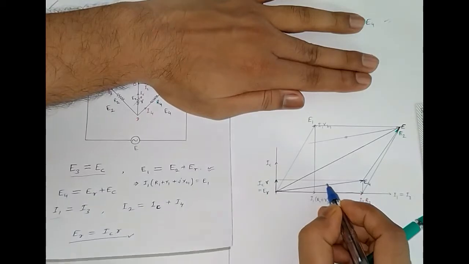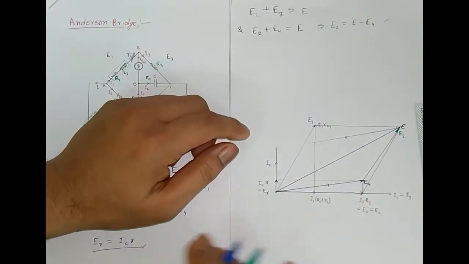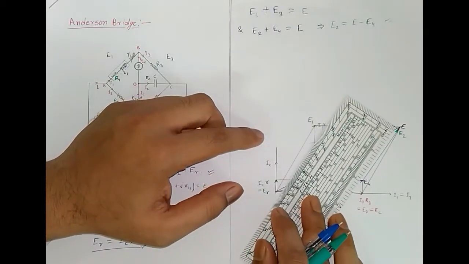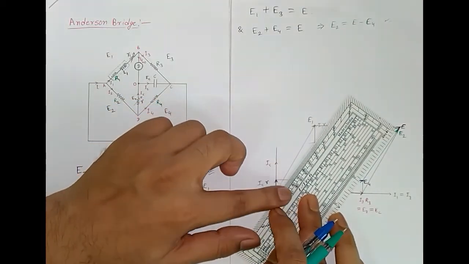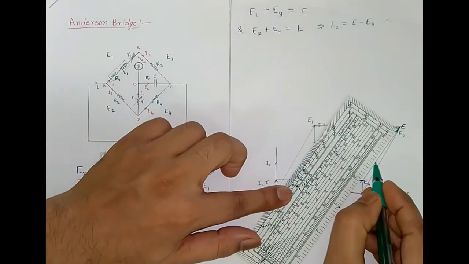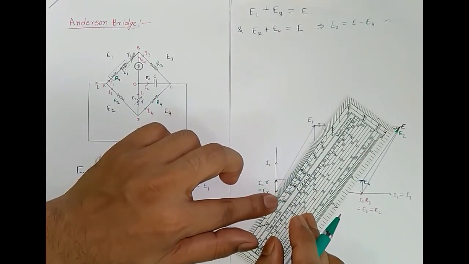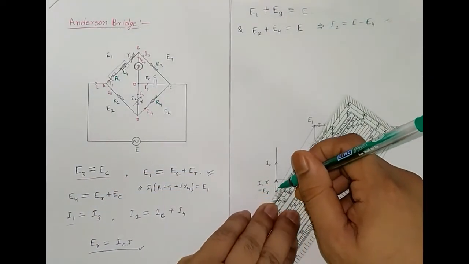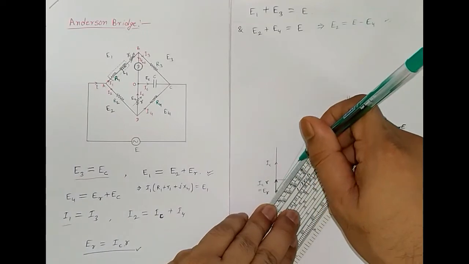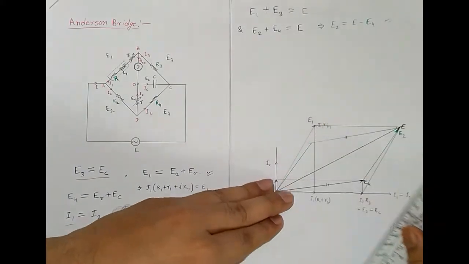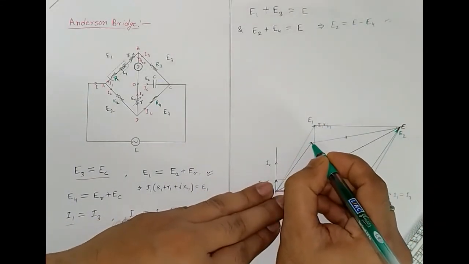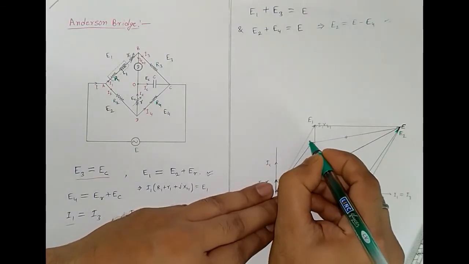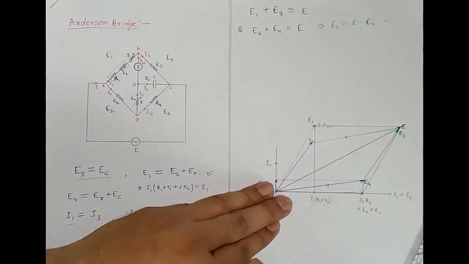This line and this line are parallel to each other, and you have to draw another parallel line, parallel to this green colored line, that means this one, and the resultant, that means this point, is E2.